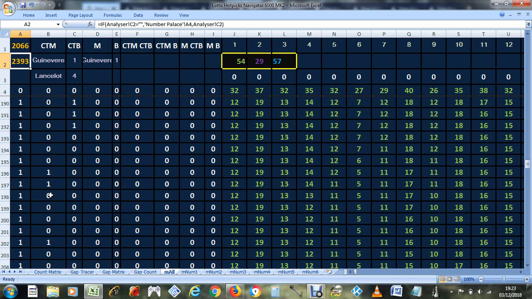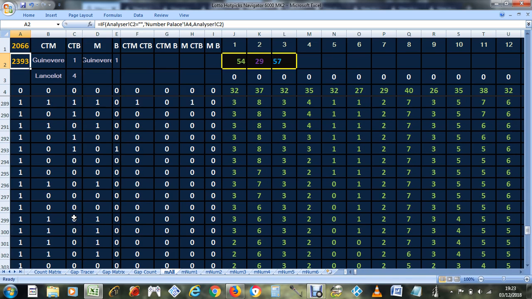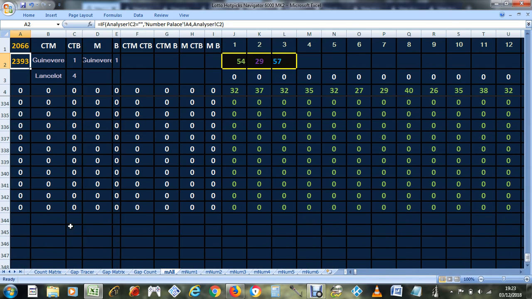Well, maybe the laptop wouldn't run out of memory, but Excel would run out of virtual memory, and it's because of the version of Excel that I'm using.